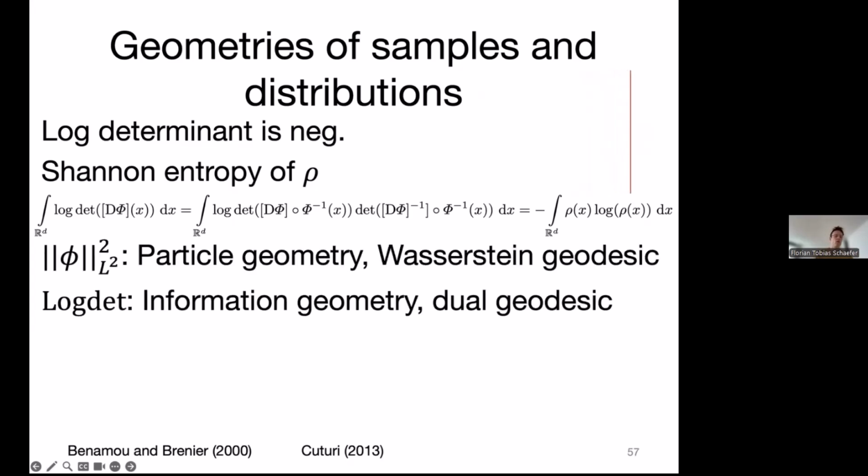And so we maybe are familiar with the fact that the L2 geometry on deformation maps is associated to the Wasserstein geometry on mass distributions, in the sense that if I take an L2 geodesic on deformations, then at least locally the push-forward of it will be a Wasserstein geodesic on the push-forward.